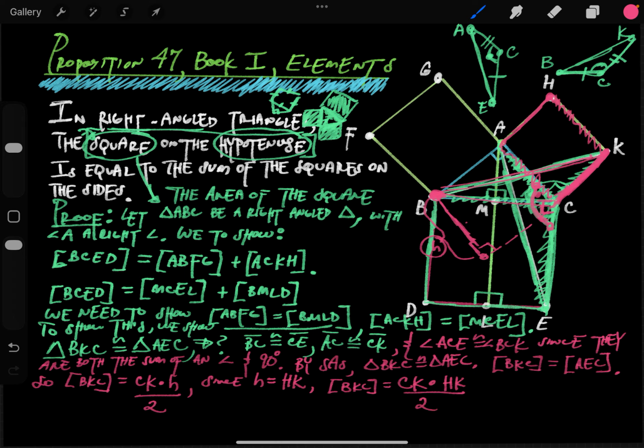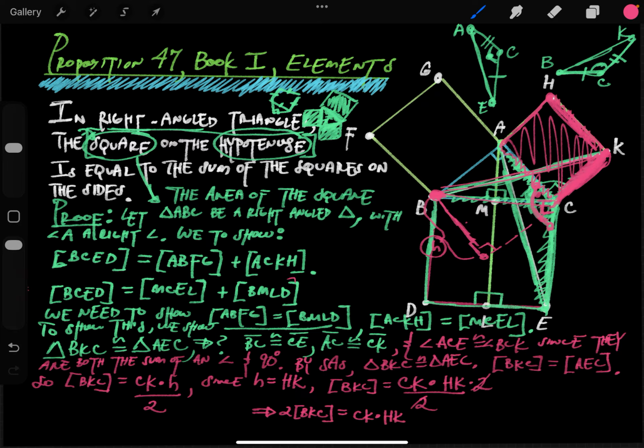And then if we look at CK times HK, we should see that CK is here, and CK times HK is the area of this square. So when I multiply by 2, I'm going to get 2 times BKC is equal to, when I multiply by 2 over here, this 2 cancels, CK times HK.